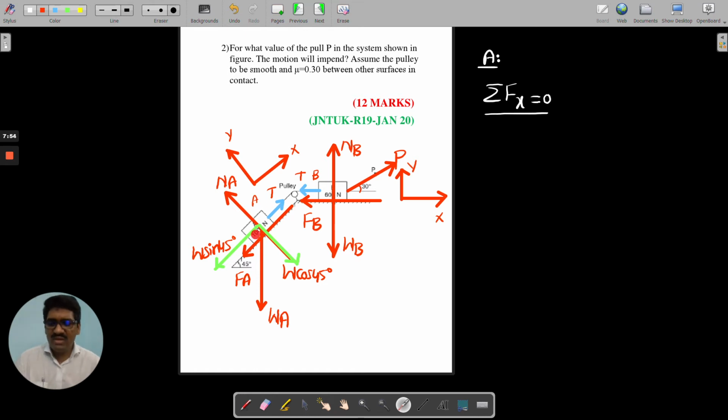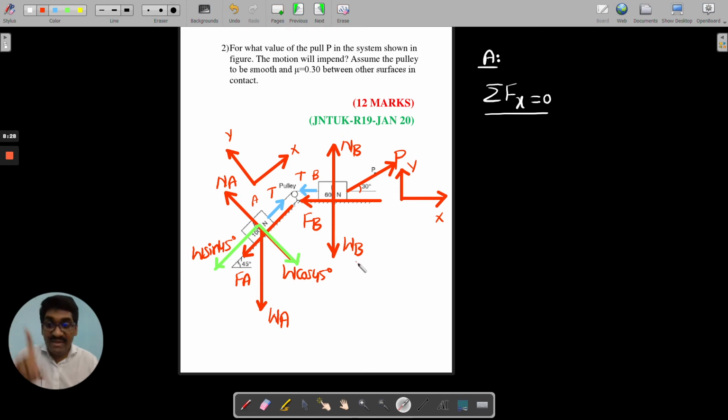Whenever we have a block on the inclined plane, you do one thing. You take inclined plane as x, okay, and normal as y-axis. Am I right, all of you? You have to take definitely inclined plane as x and normal as your y-axis. And when the block is resting on the horizontal surface, okay, then you take horizontal as x-axis and vertical as y-axis.